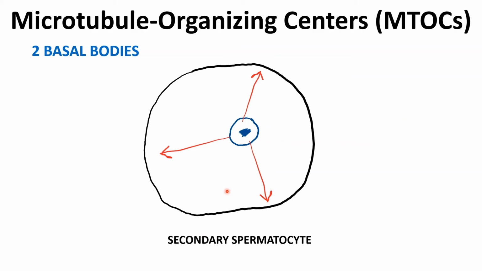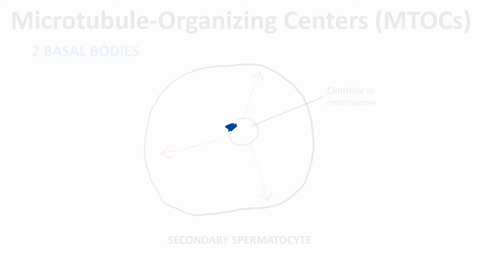This is an example of a secondary spermatocyte wherein the cell is still spherical in shape, but as it transforms into a mature sperm cell, the centriole and the centrosomes are going to be moved to become this structure we call the basal body. And they will be the origin of the microtubules that would make up the flagellum of the sperm cell.